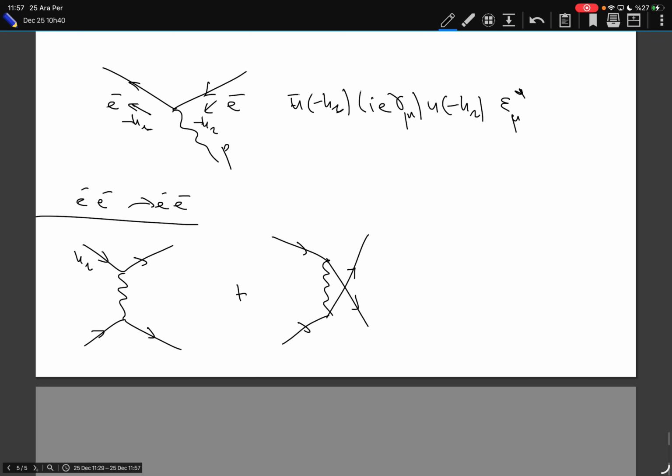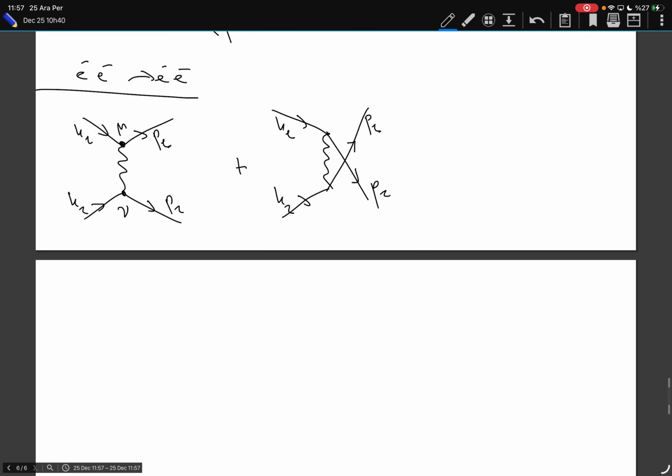Incoming are K1, K2, outgoing are P1, P2. The photon vertices have, let's say, Lorentz indices mu and nu. So these are the two contributions at lowest order to my electron scattering. Let's say this is the first diagram. This is my second diagram.